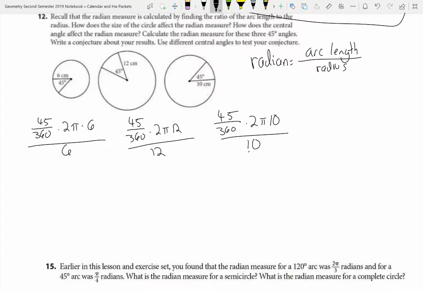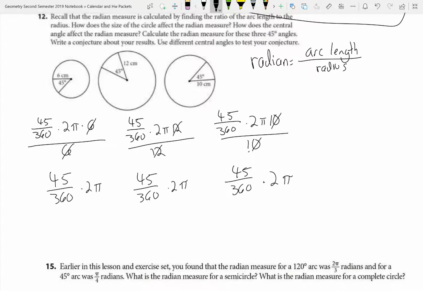Well, I immediately notice that the r's cancel. And so I'm left with 45 over 360 times 2 pi for each.